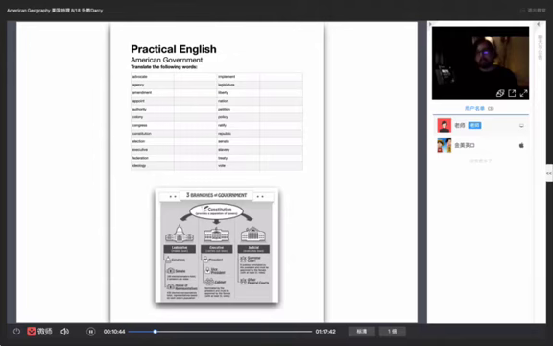Authority, power granted by law, basically. A colony.